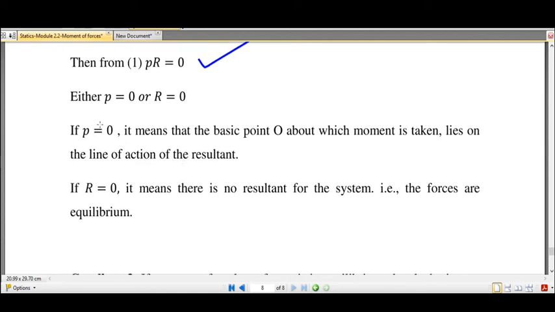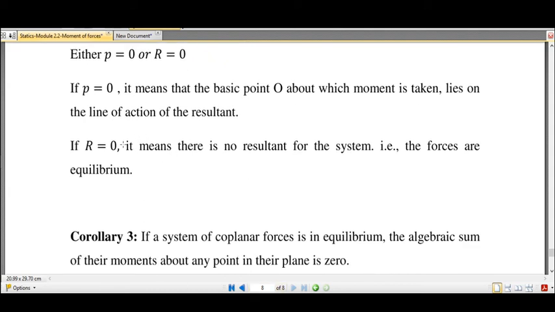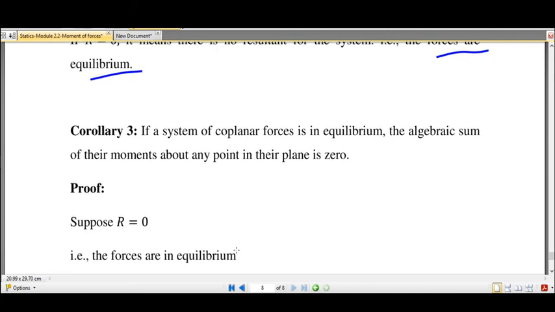If small b equals 0, it means the base point O about which the moment is taken lies on the line of action of the resultant. If R equals 0, it means there is no resultant for the system, that is, the forces are in equilibrium.